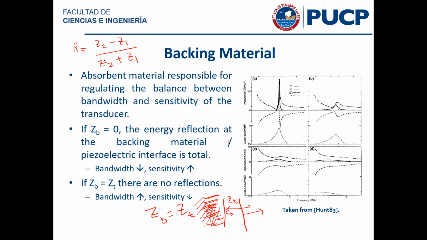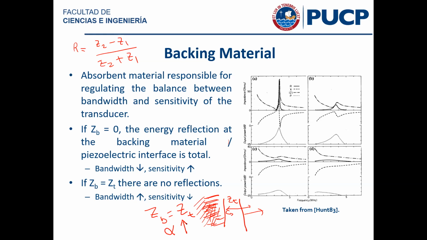But what happens is that the backing material, regardless of how you match it, typically has a very high attenuation coefficient. At some point the backing material is going to end, and at that point you would have reflections coming back.